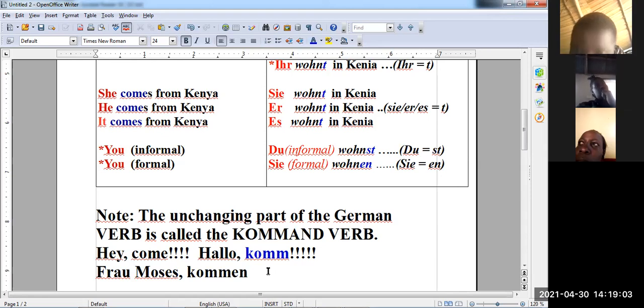Kommen Sie. Bitte is please, if he wants to use please. Kommen Sie bitte, or just kommen Sie. At least this person is respecting me. Frau Moses, kommen Sie.